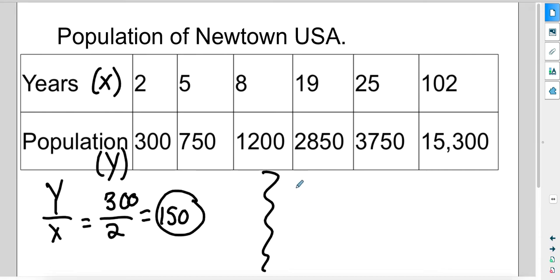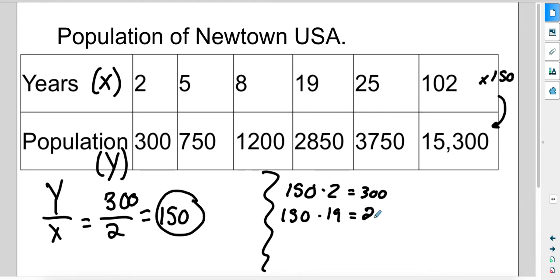But you can think to yourself, well, if I multiply 150, so we're going this way now, 150 times 2 gives me 300. 150 times 19 gives me 2850. So you'll see that the 150 times the number of years is equal to the population of this town.